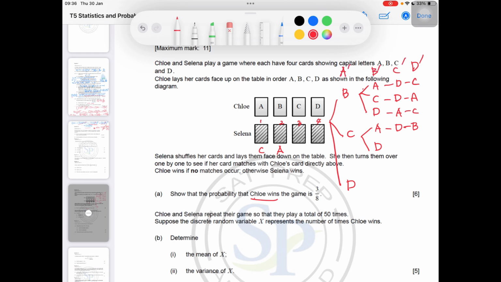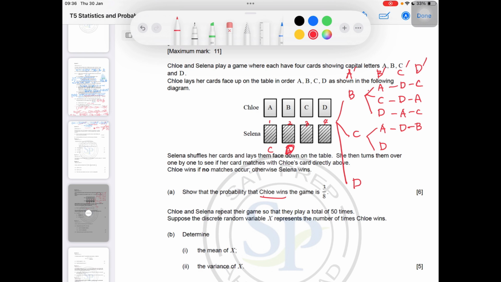So we cannot have A in the first branch. We cannot have B, we cannot have C, and we cannot have D. So when we have C and D for the first two cards, then we have A and B. So now we can have A and B or B and A because there are no matches.